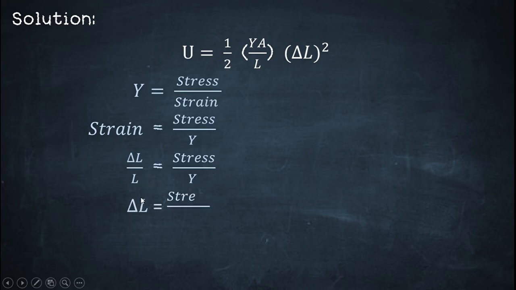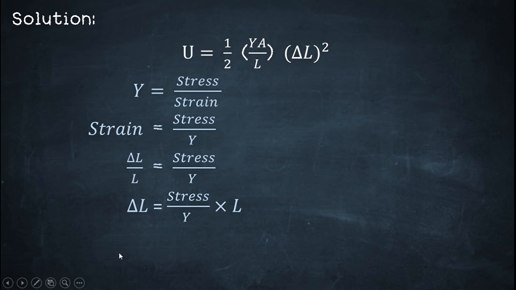We will rearrange it again to find the value of del L. We know the value of stress, Y and L. We can either substitute all these values in this formula to obtain del L and then insert it in the strain energy formula, or we can do it later on by just putting this formula into the other formula.